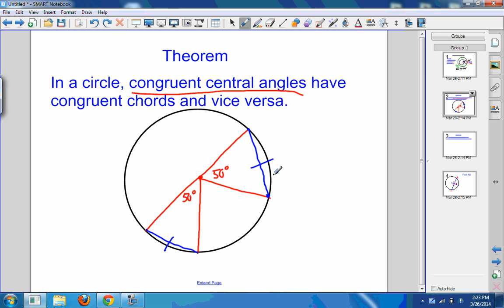So I drew another 50-degree angle somewhere in here. Then that chord is also going to be the same. And the same thing goes vice versa. If we have two chords that are the same, then their central angles are also going to have to be the same. So it works forwards and backwards in this case. The converse works.